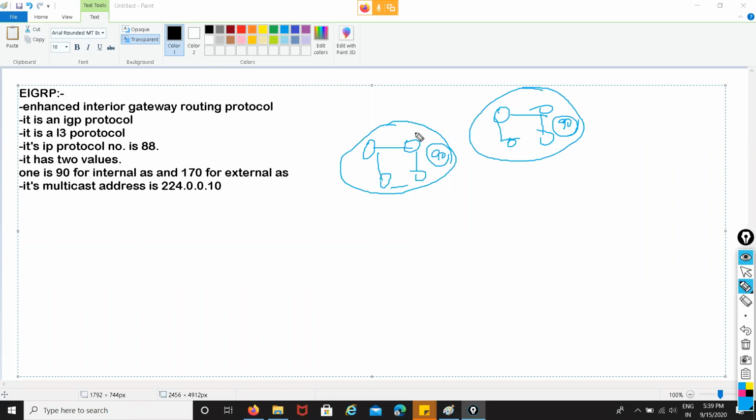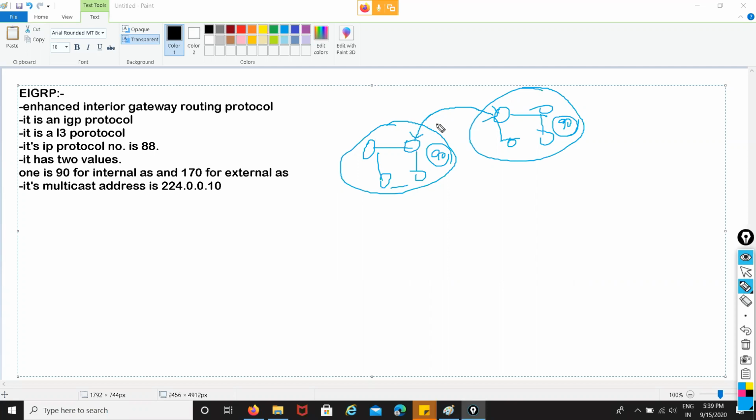But if I try to share information from one AS to another AS, that is, if one AS shares its own network information with another AS, then they use a specific AD value, which is 170.